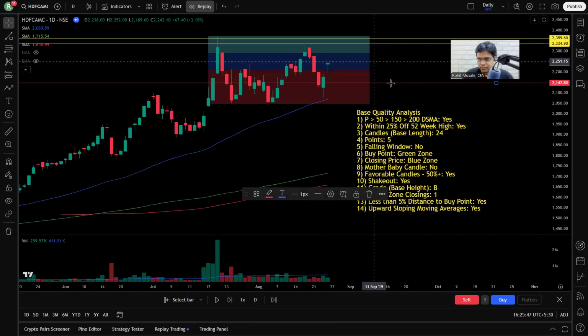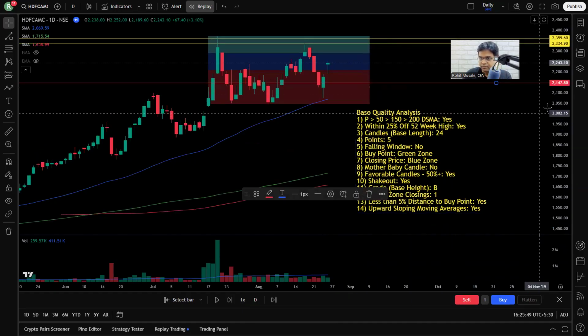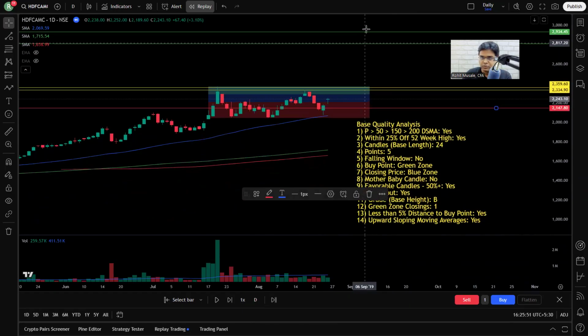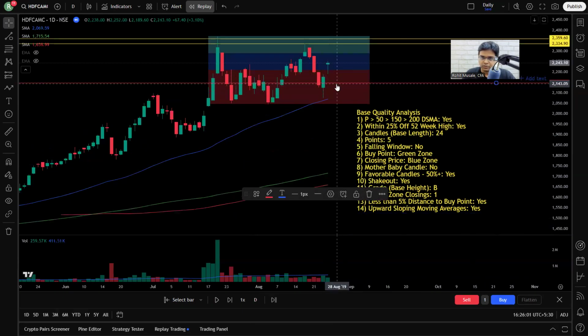So we have the buying zone, we have the selling zone. When the price enters this zone, we have to sell all of our shares or maybe partial shares. Then we have the stop loss, which is 8% below the first yellow line. Now, ideally, the stop loss should be 8% below the average execution price. Your average execution price is something that you will get from your broker.